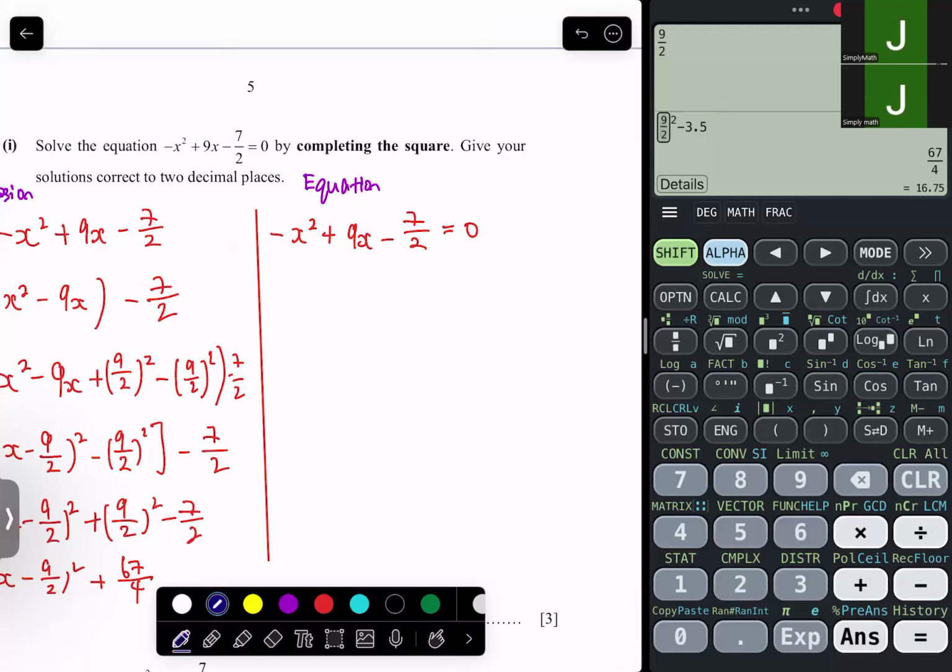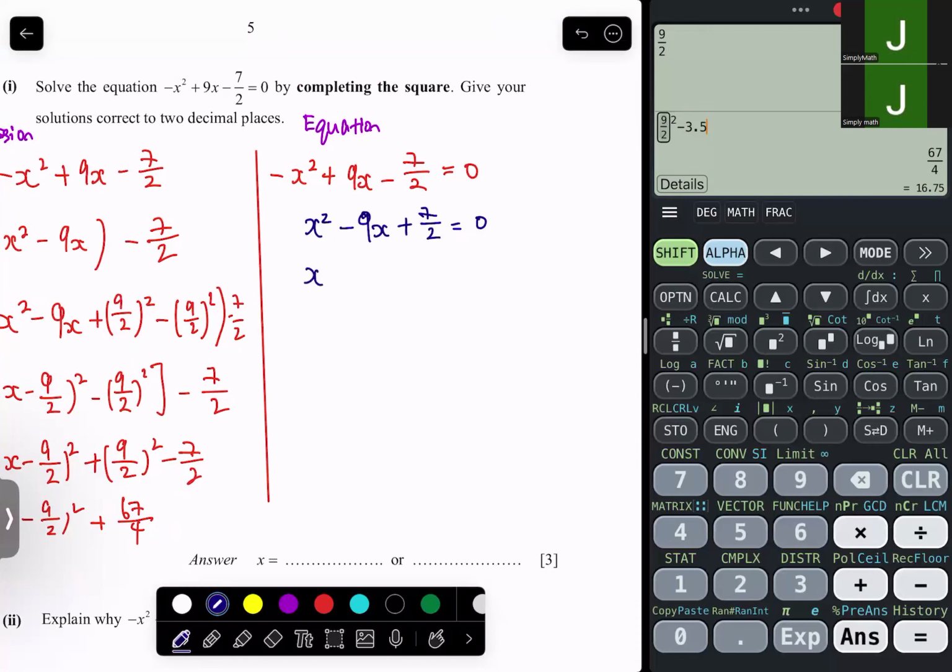What's going to happen down here is that I'm going to make this into a positive: x squared minus 9x plus 7 over 2 equals 0. Now to complete the square, I have x squared minus 9x plus 9 over 2 squared equals, I bring the 7 over 2 to the right hand side because ultimately I'm solving. Then here, I also add 9 over 2 squared.